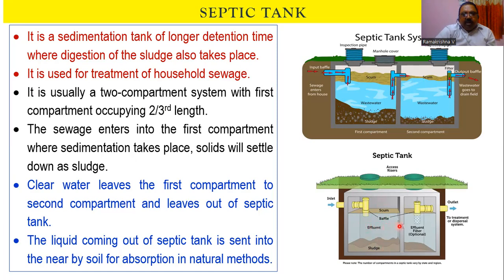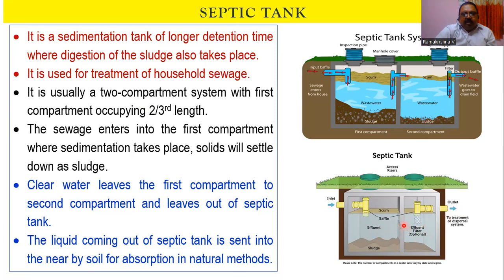So now we'll provide an outlet in the partition somewhere in the middle here, so that clear liquid will go to the second compartment. If any solids are still escaping, settling in the first compartment, they will be settled out in the second compartment as well, and clear water now leaves the tank through an outlet pipe.